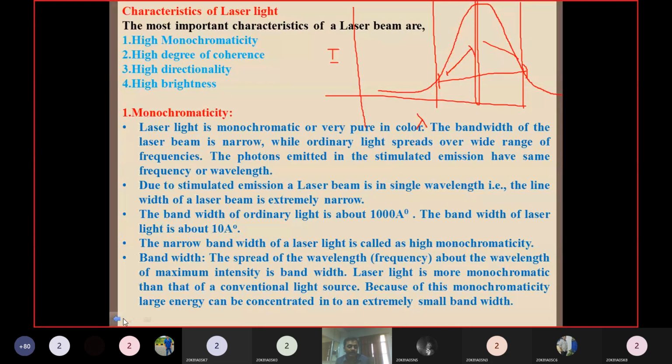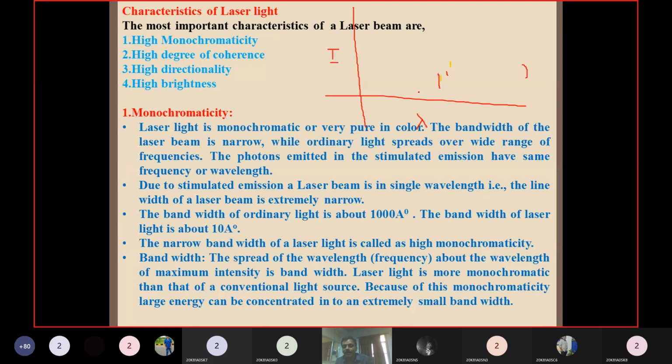Now if you take laser light, see here, one minute. In the case of laser light, we will discuss how it is monochromatic and what the bandwidth is.